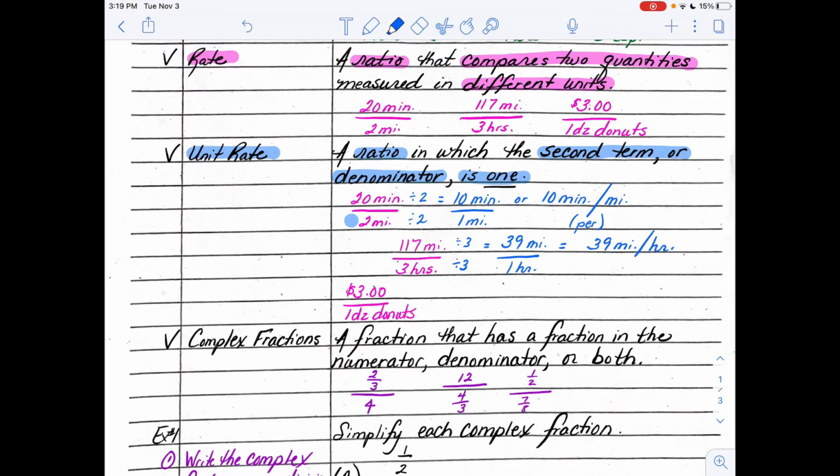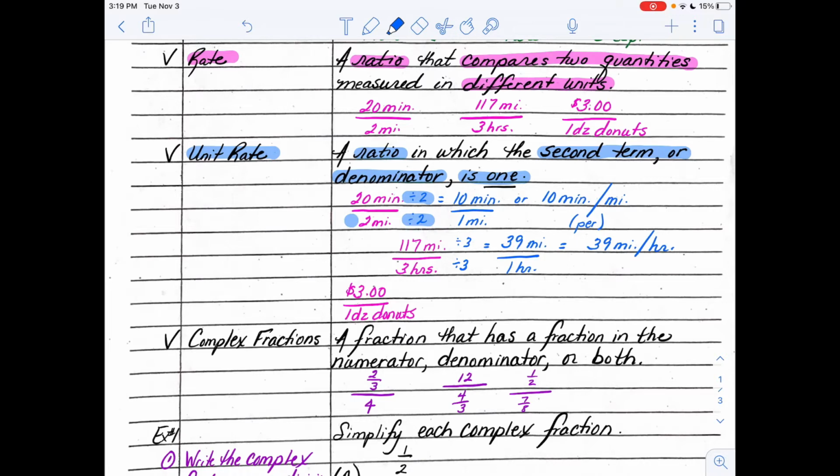The only way to make it a 1 is to divide the top and the bottom by 2. And when I do that, I get 10 minutes over 1 mile. Well, that 1 mile down here, that makes it a unit rate. My denominator is a 1. So I can leave it that way, 10 minutes to 1 mile.